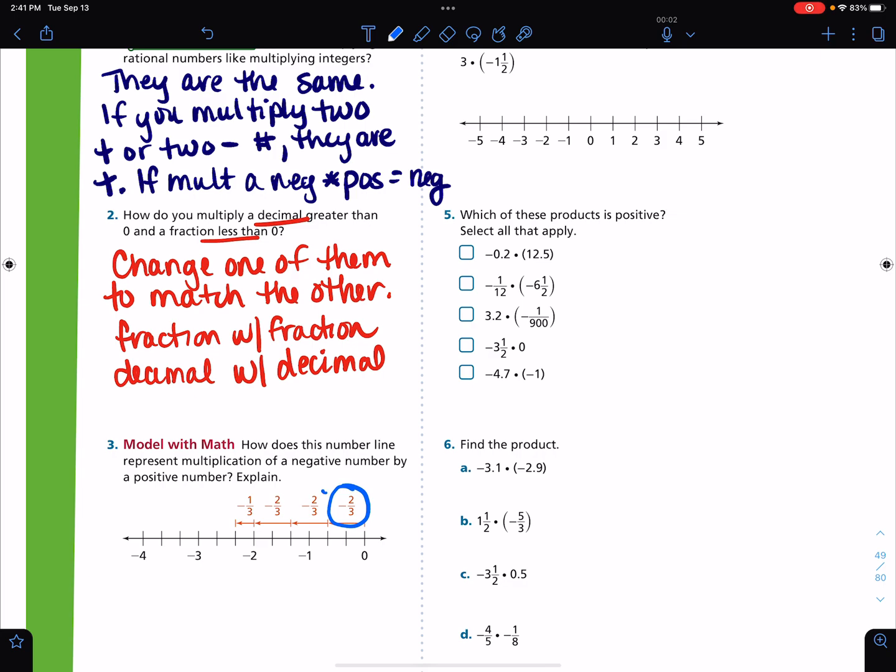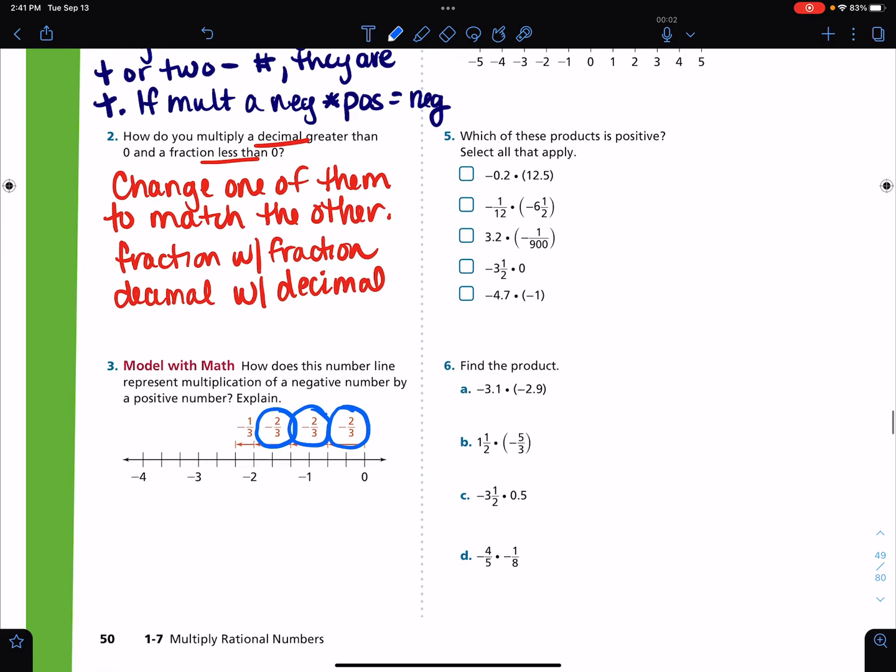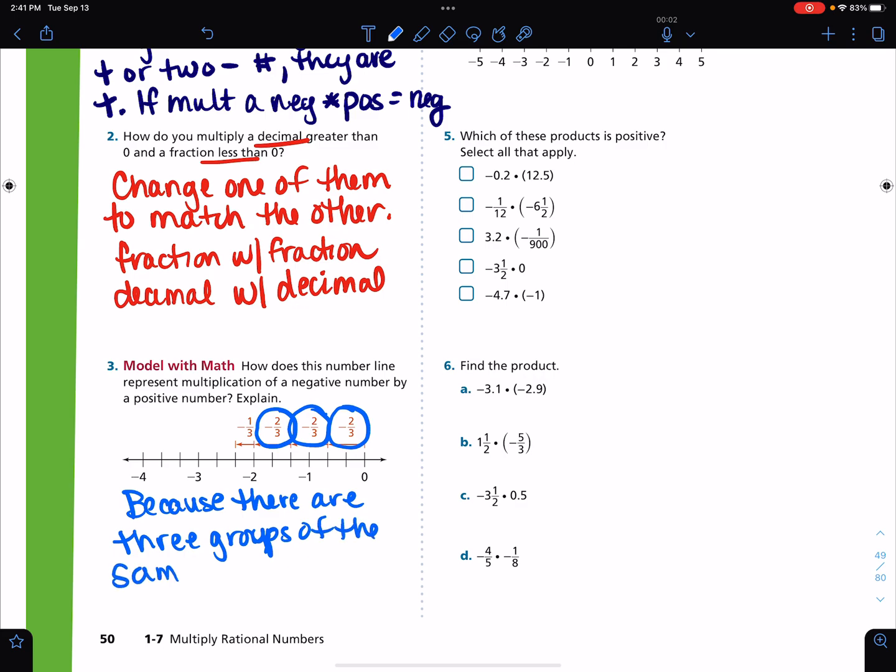I can see there's one group, two groups, three groups, and then a half a group, because there are three groups of the same fraction. The last group is only half.